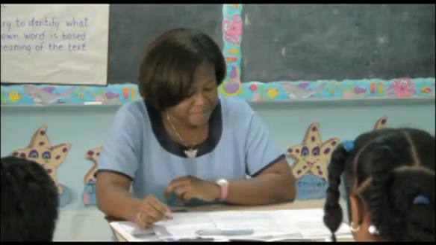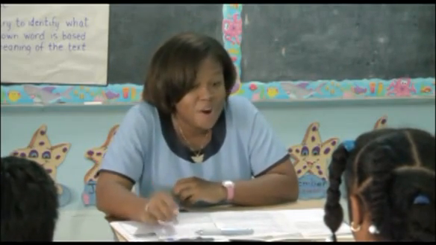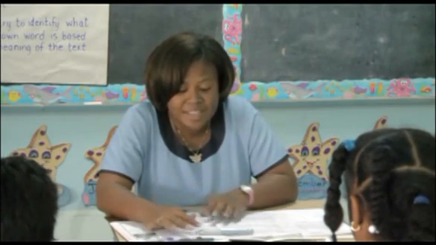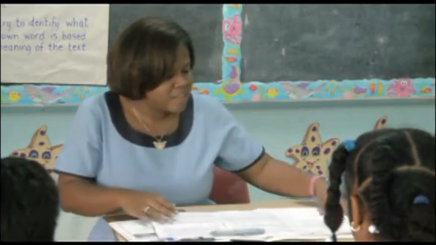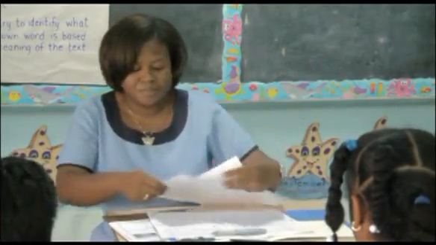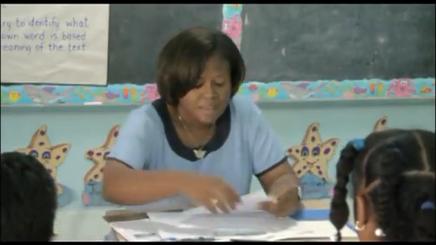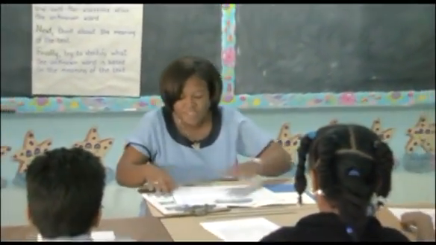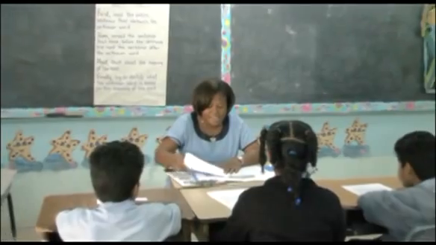Context clues. Context clues give a hint that the author gives to figure out what the meaning of that word is within that sentence. I will give you now a copy of a short passage, and within this passage you will see that I have some words highlighted.